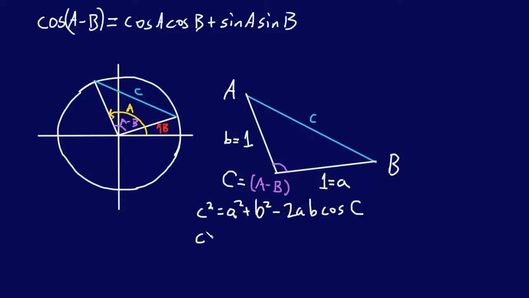So c squared is equal to a squared, and a is equal to 1, so that's just 1 squared, which is just 1, plus b squared, b is just 1, so 1 squared is also 1, minus 2 times a times b. So 2 times 1 times 1 times cosine of big C, and big C is equal to a minus b.